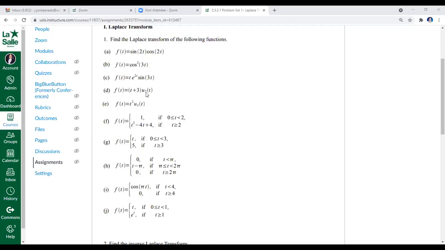So this is to be actually interpreted as U of T minus 7. This is U of T minus 3. Thank you for asking that, because other books don't write U of T minus a constant, but they use the subscript to the U as a representation of that particular constant.